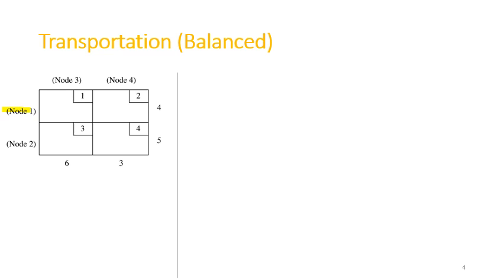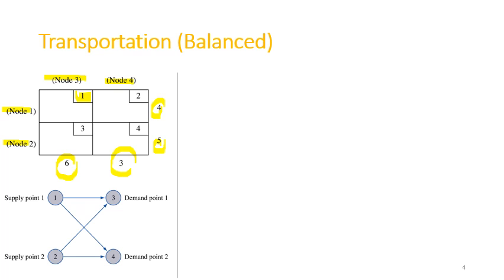You have the nodes, which are the suppliers. They have the supply capacity. You have also the demand nodes. They have the demand for each node. And then the values inside the small boxes are the cost of transporting from one supplier to one demand point.